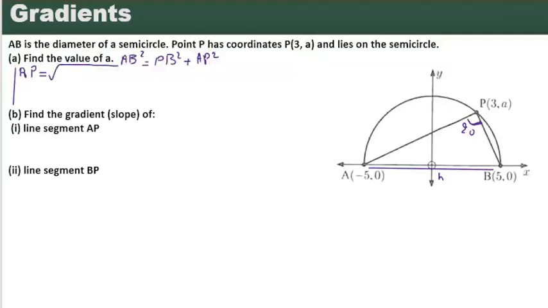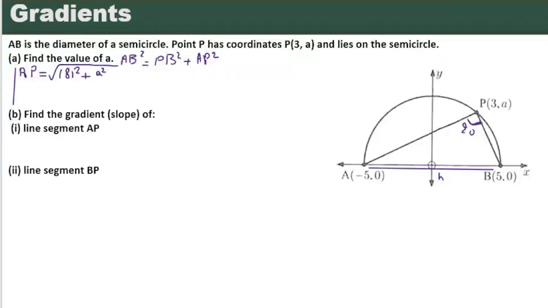That means 3 minus negative 5, which gives me 3 plus 5, which is 8 to the power of 2, plus a minus 0, that's a to the power of 2.